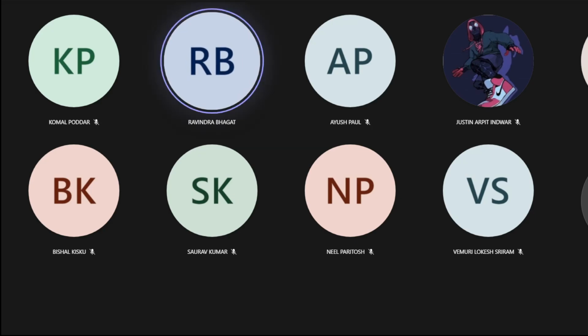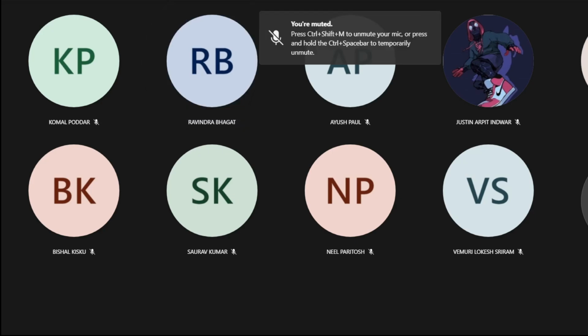The Government Business Rules 1961 and the Government of India Allocation of Business Rules 1961. So there are two rules, which facilitate smooth functioning of the business in ministries and departments of the government.